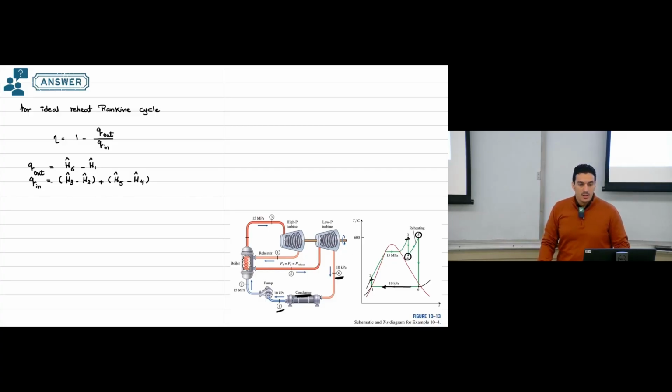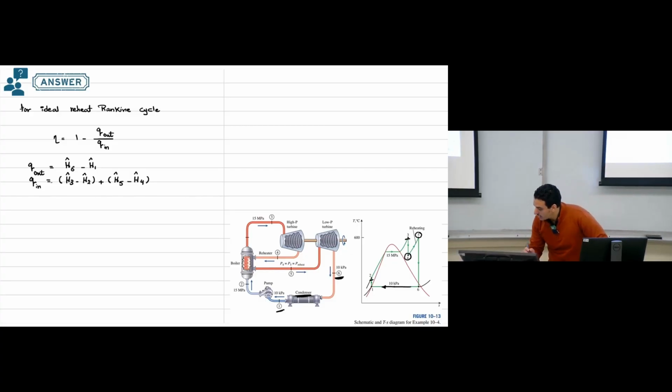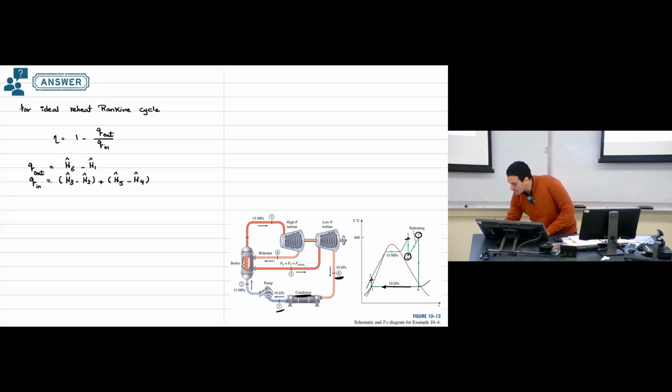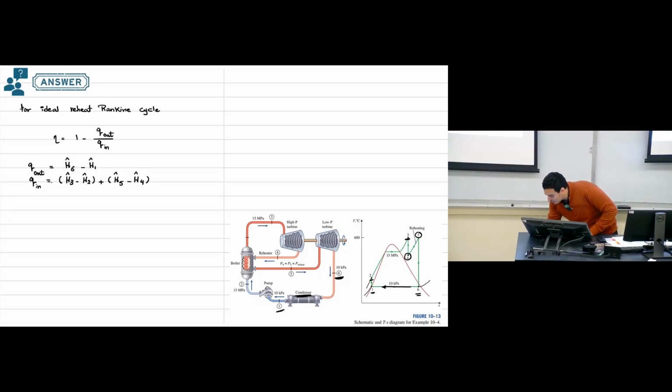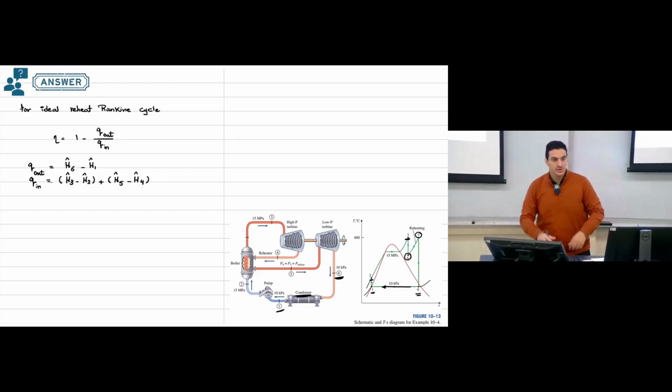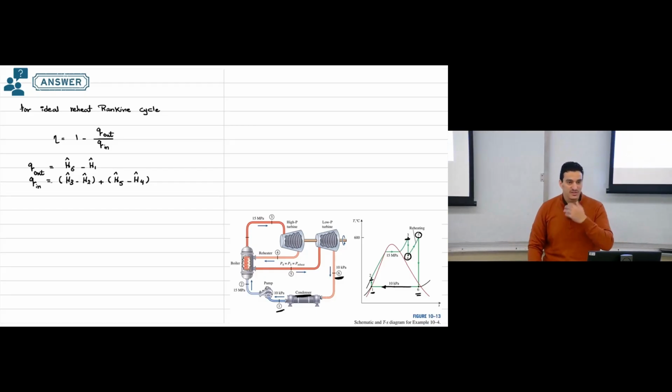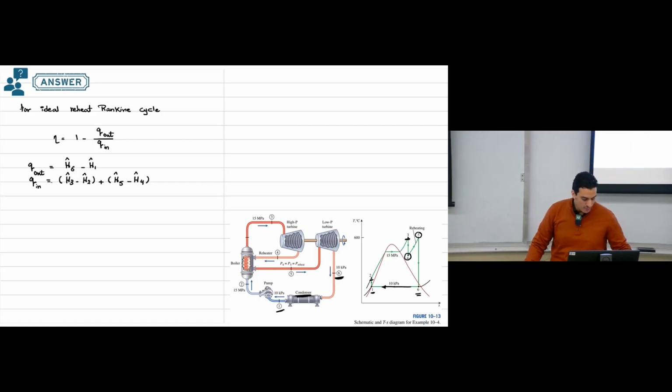Clear? So now, how can we start? I have some information at point number 6, at point number 3, and at point number 1. These are the given information in the example, so I can start with any one of them.